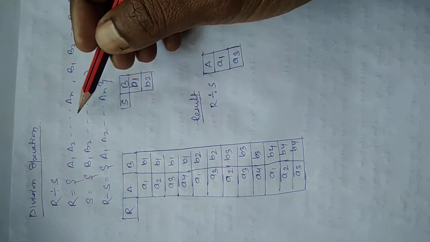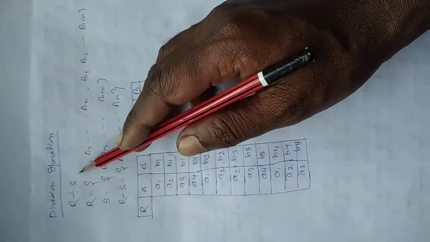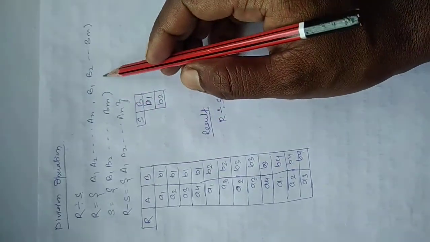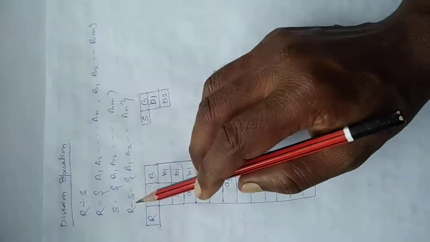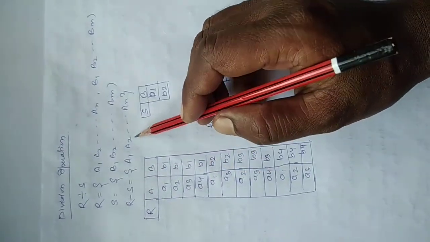Example of division operation. How to find division? R divided by S. First, let R equal A1, A2, ..., An and B1, B2, ..., Bm, and S equal B1, B2, ..., Bm. R minus S equals A1, A2, ..., An.